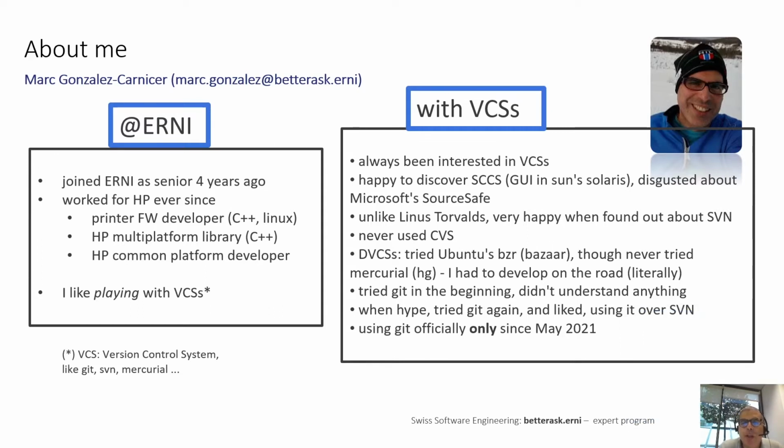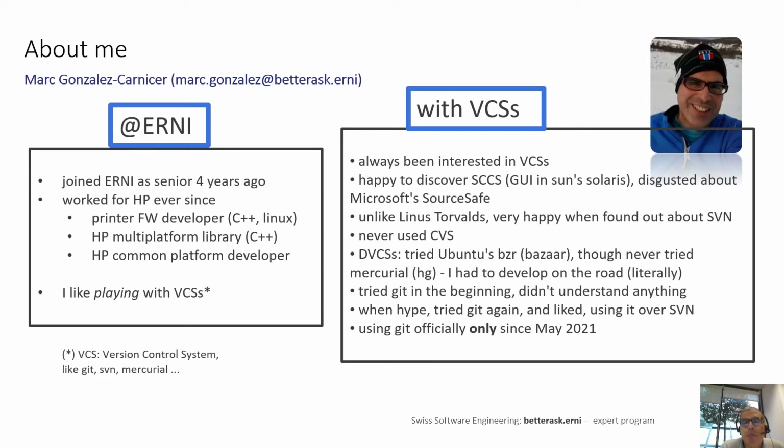Okay. I also play with distributed version control systems, because I used to work on the road, literally on the road, installing systems. So sometimes I had to work without internet connection. I tried Git in the very beginning when it was launched, but I didn't understand anything. It was too complex. Maybe this happens to many of you.